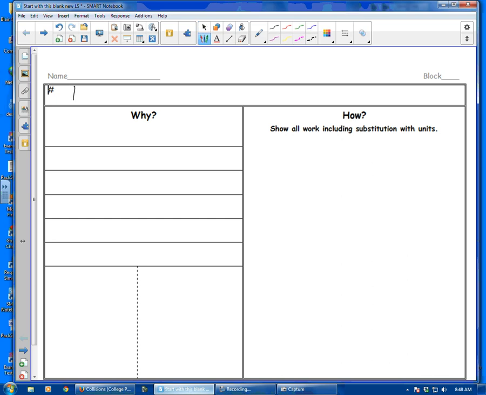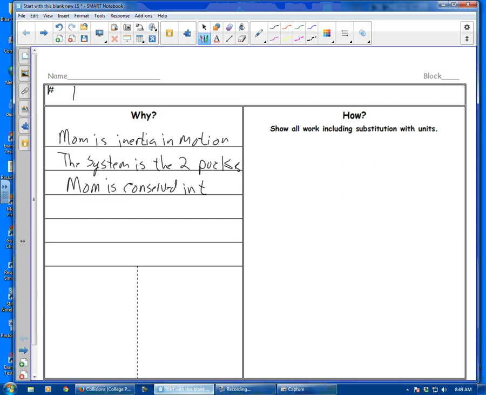You should think about things like, make sure you express what momentum is, that momentum is inertia in motion, that the system is the two pucks, that momentum is conserved in the system.